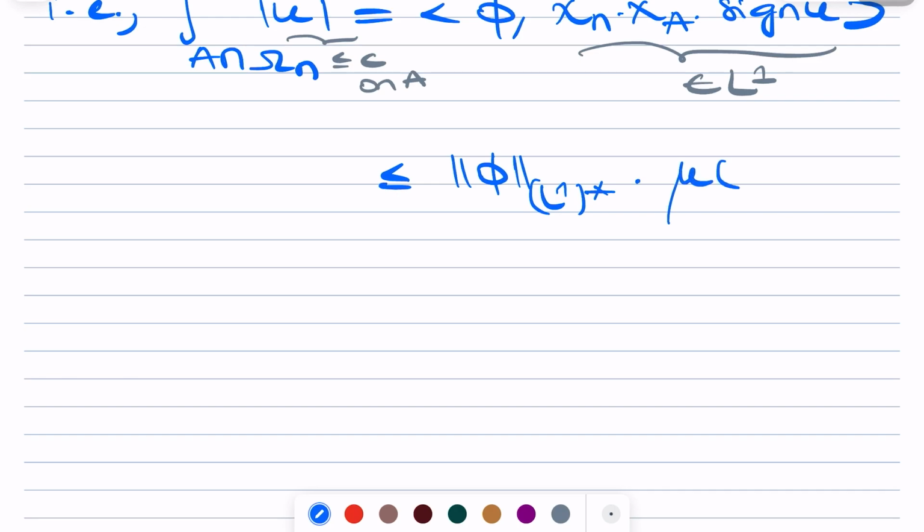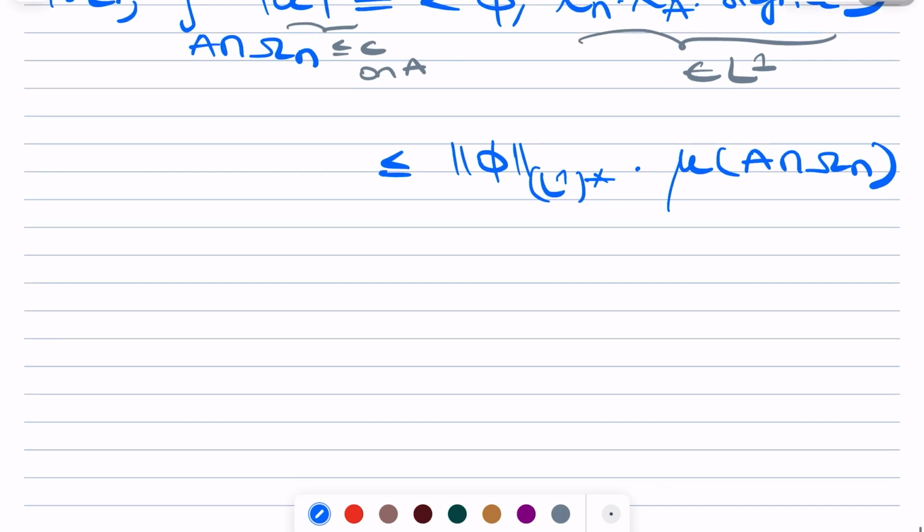The one norm of chi n times chi A times the sign of u is just the measure of the set, this A intersected with omega n.